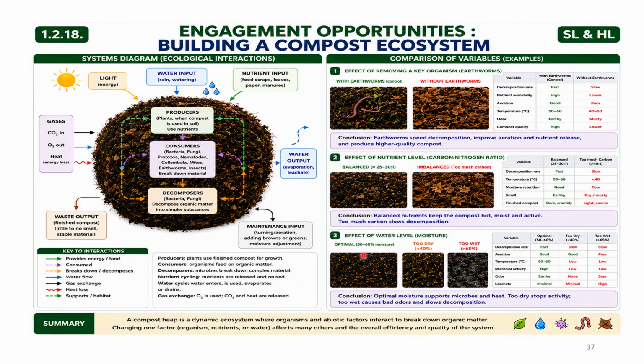Similarly, optimal moisture levels of 50–60% support active microbes, while compost that is too dry or too wet decomposes more slowly. This investigation highlights the interconnected nature of environmental systems and demonstrates how interactions between living organisms and abiotic factors determine ecosystem function and resilience.